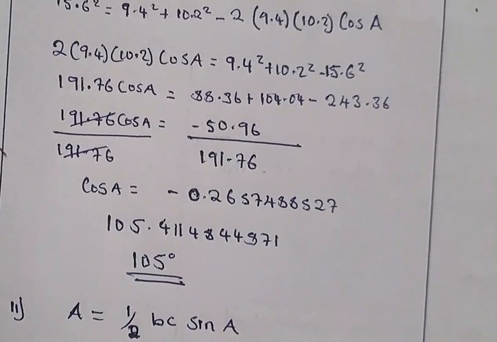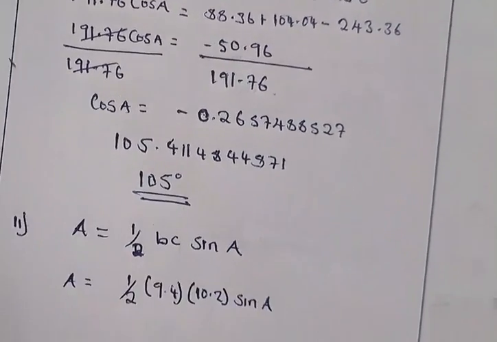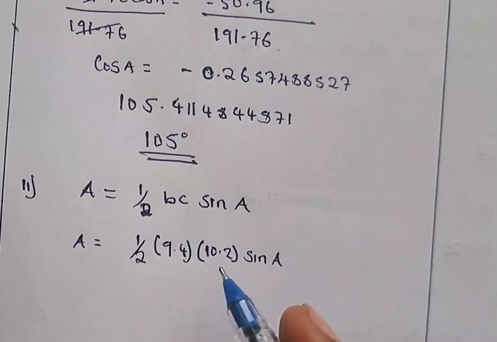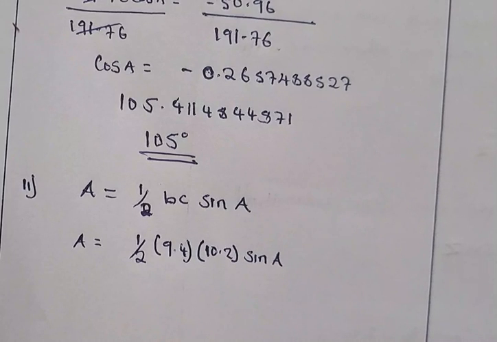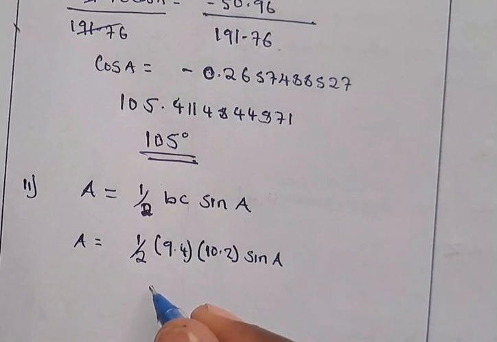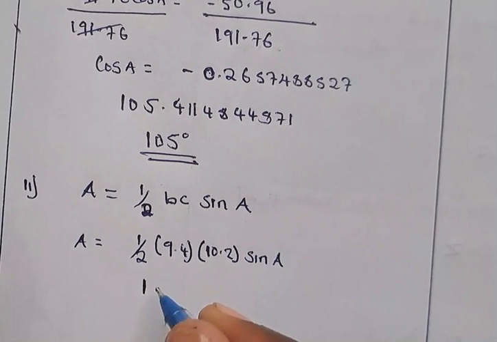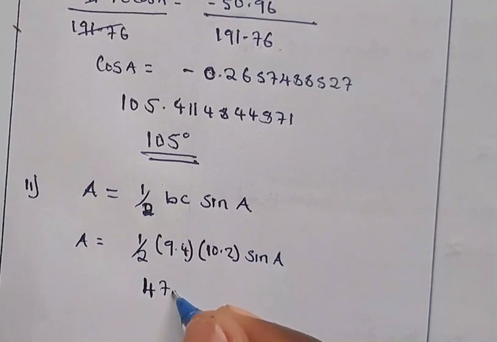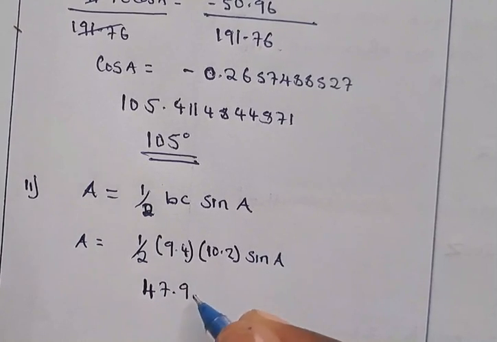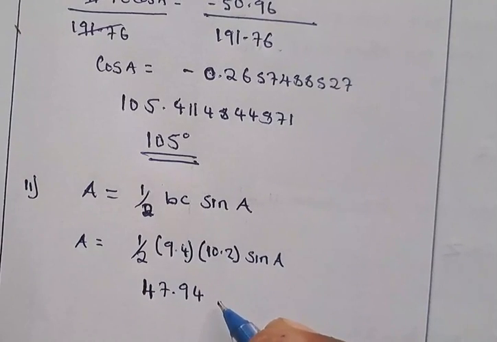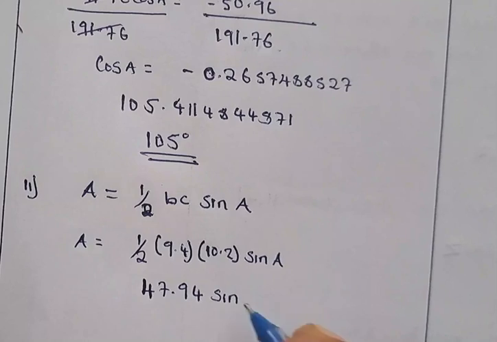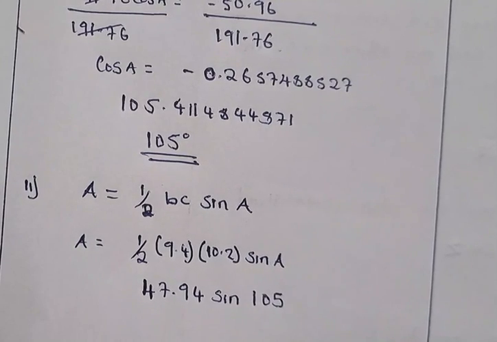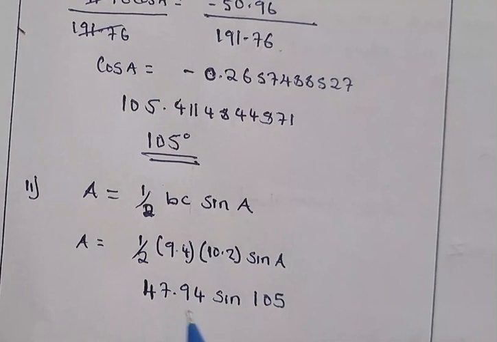So when we calculate here, we do half times this one. It will give us something like 47.94, then sine 105.